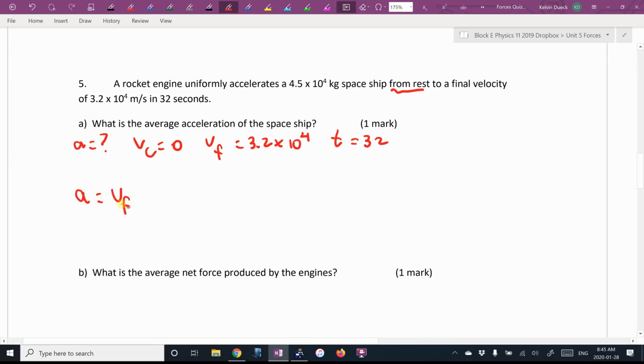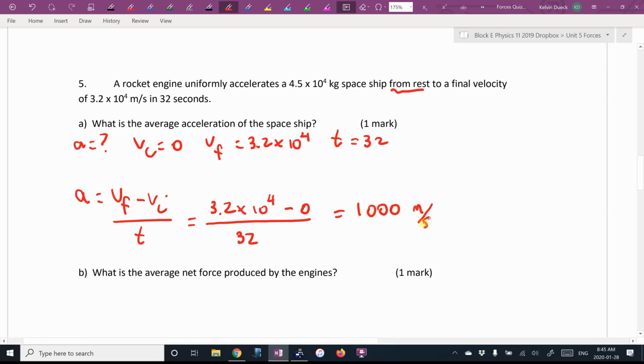It's going to be VF minus VI over T. I got 3.2 times 10 to the 4th minus 0 all over 32. And then I said, hey, I got a 3.2 on the top and a 32 on the bottom. I bet you I can do this in my head as well. Is the answer exactly 1,000? Yes? Okay, 1 mark.